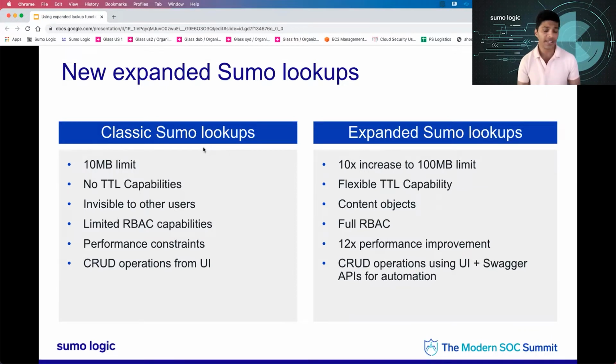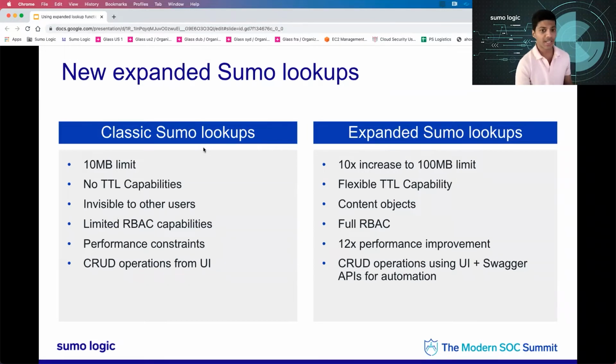Secondly, TTL capabilities, right? TTL stands for time to live. The expanded lookups have TTL capabilities, which means you can hold the entries in a lookup file for a specified duration, right?